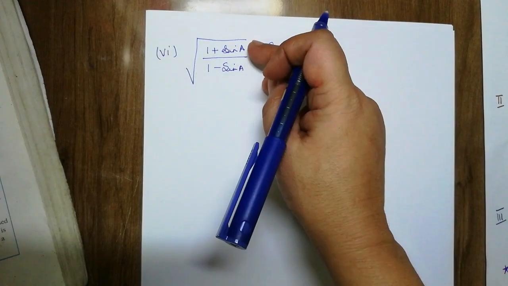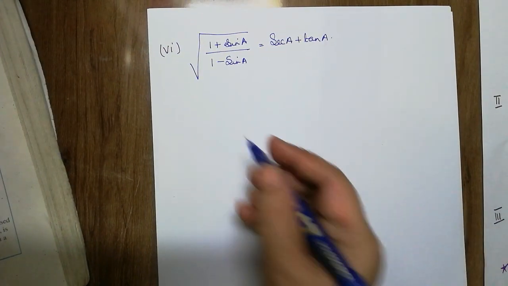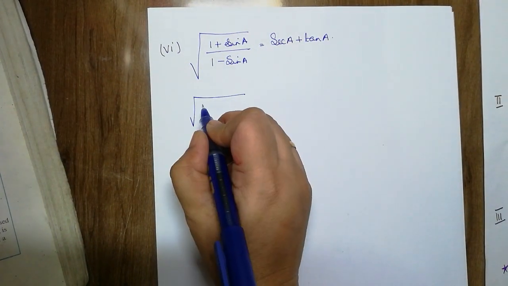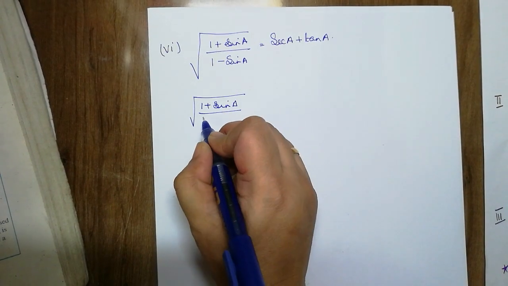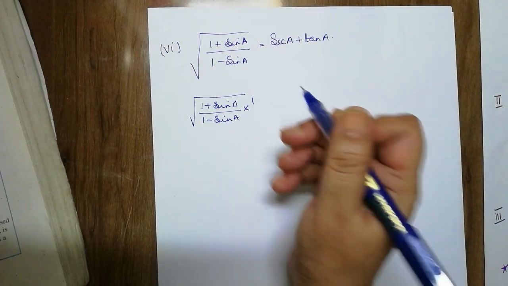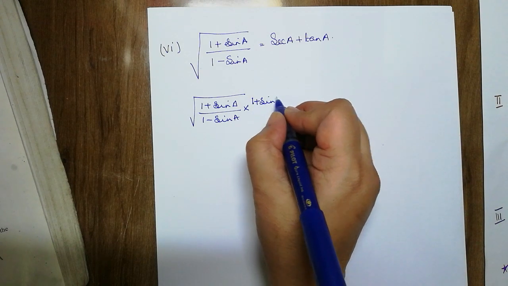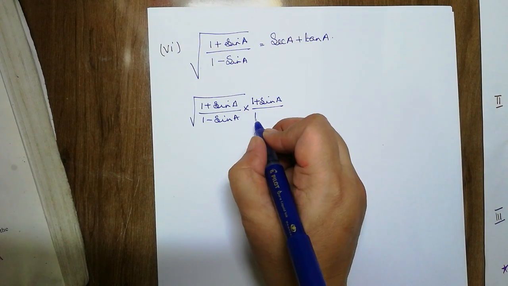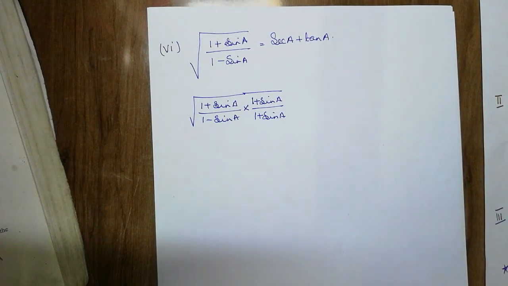That means you can rationalize either the numerator or the denominator here. So now I will be taking here 1 plus sin a divided by 1 minus sin a into 1 plus sin a divided by 1 plus sin a. This is under the root.